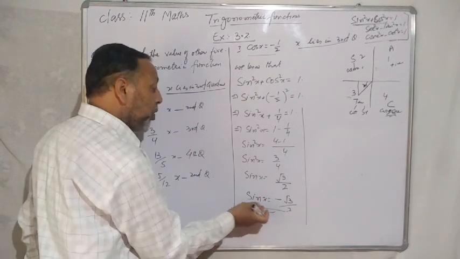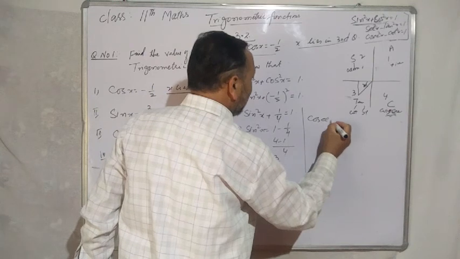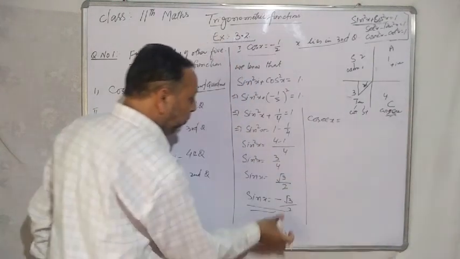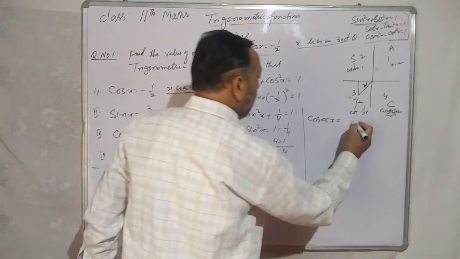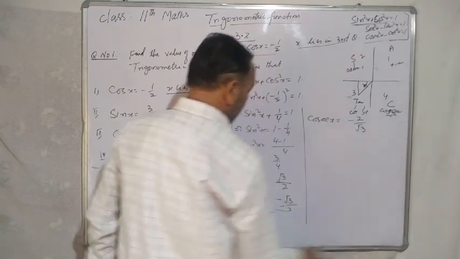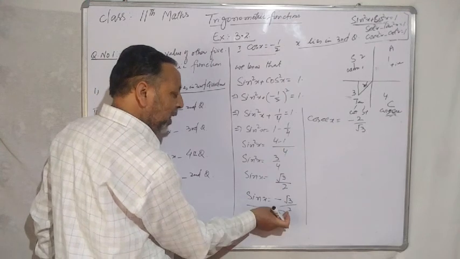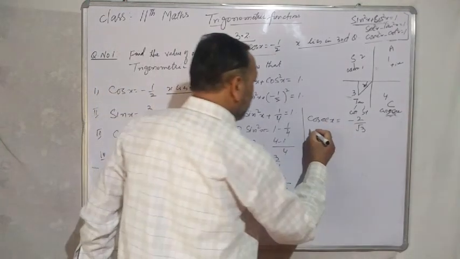Now we know that cosec is the inverse of sine. So cosec x is equal to minus 2 by root 3, the inverse of sin x. 2 goes up, root 3 comes down. It's minus 2 by root 3. This is cosec x.